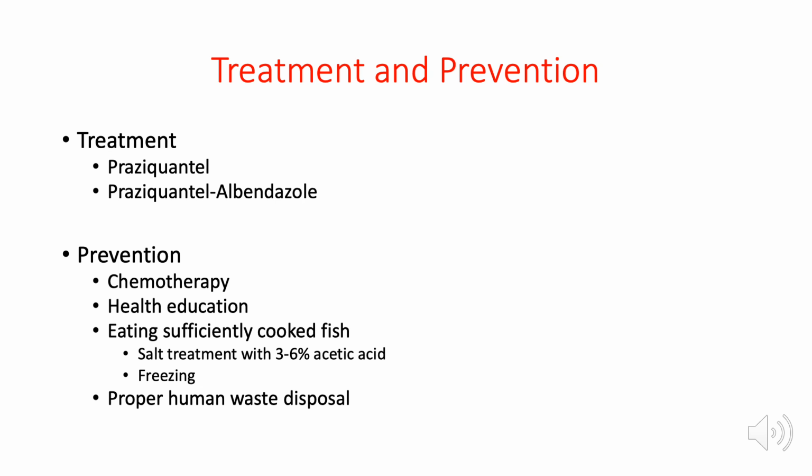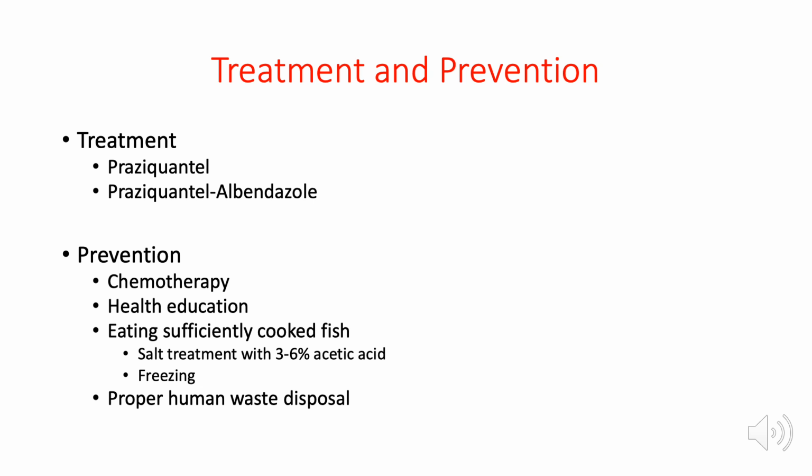Then, for the prevention, we have to treat the positive cases. We have to do health education. We have to eat sufficiently cooked fishes. We can also do salt treatment on the fish meat. And aside from adding salt, we can add 3 to 6% acetic acid.